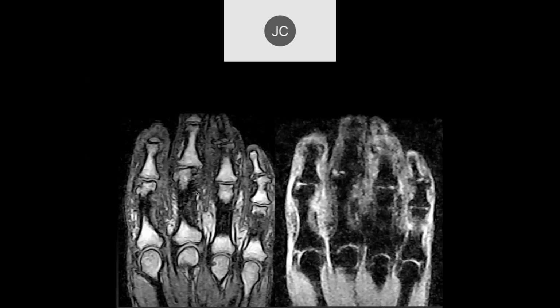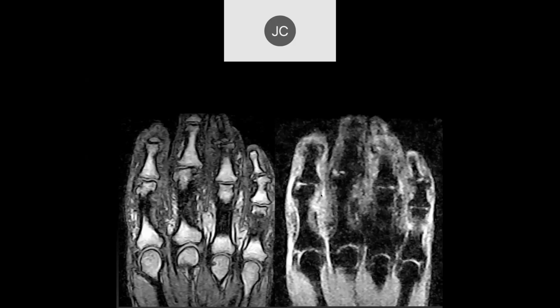One unusual thing with psoriatic arthritis is that it will often involve one digit and leave the other digits relatively uninvolved. So in this particular case, we can see a lot of edema within the soft tissues of the second digit, whereas the other digits do not have that edema. This is called dactylitis.